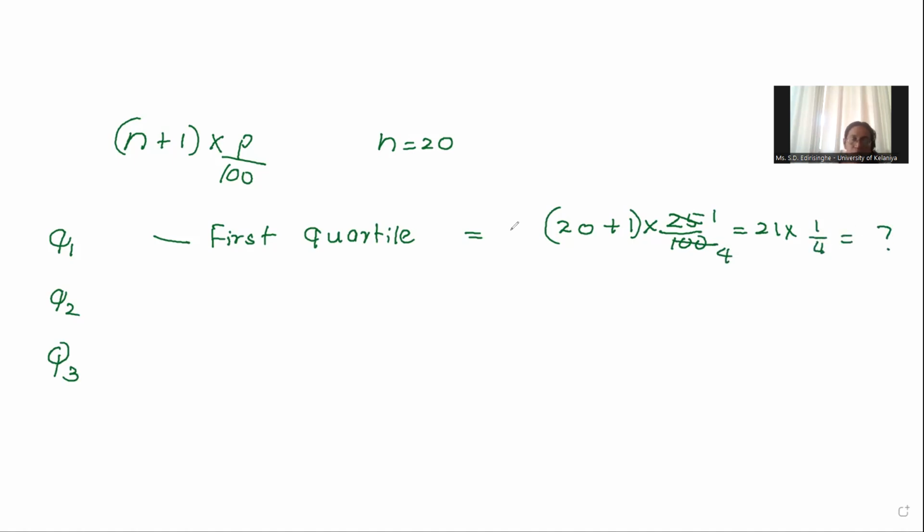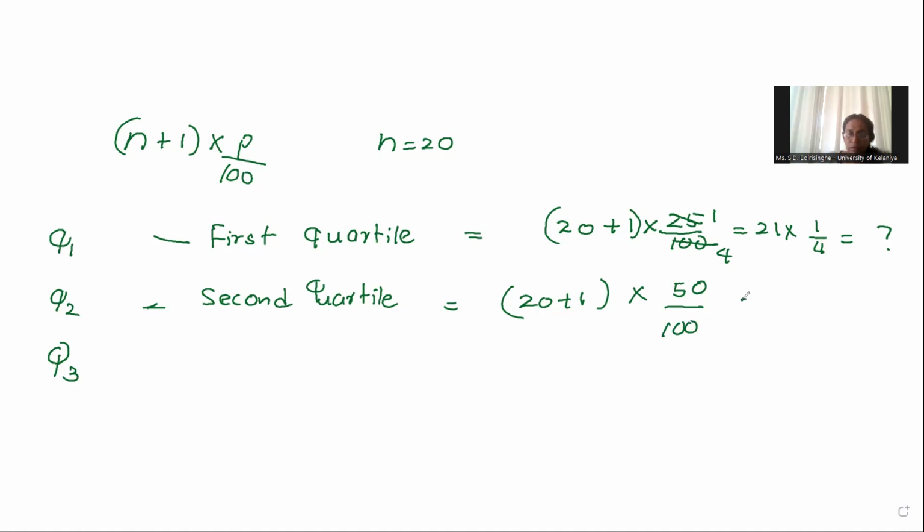If we want to find Q2, the second quartile, that is 20 plus 1, multiplied by 50 divided by 100, since the second quartile means the 50th percentile.